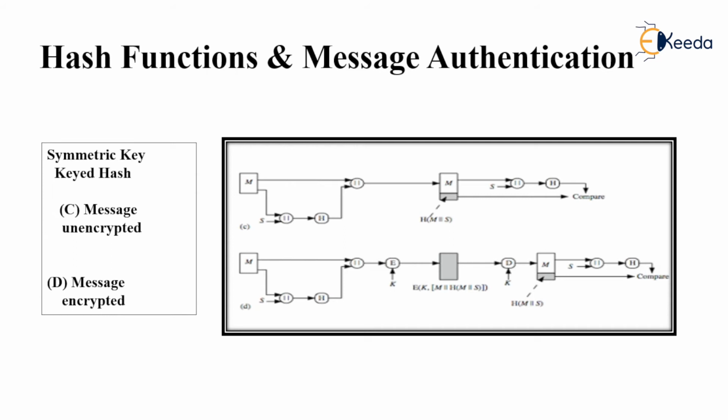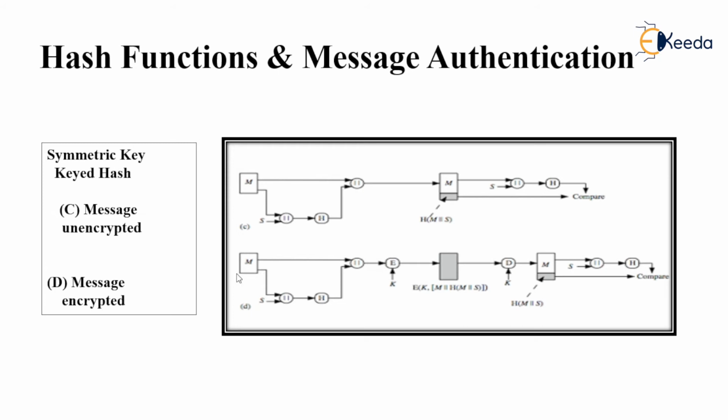Figure C tells you that the plain text message block M undergoes the hash functionality, and whatever output we get is then XORed with the plain text message, and then that hash function is appended with the plain text block M and received at the receiver's end. So S here denotes the symmetric key.